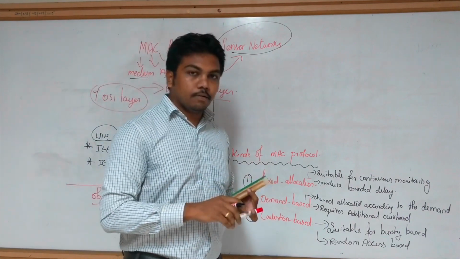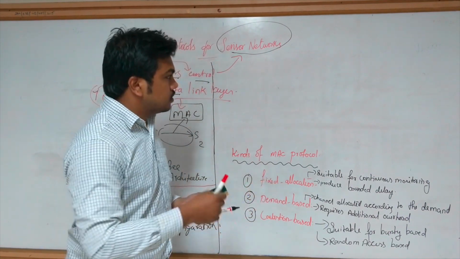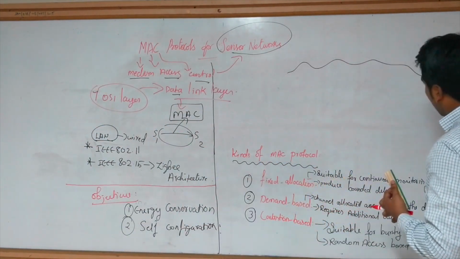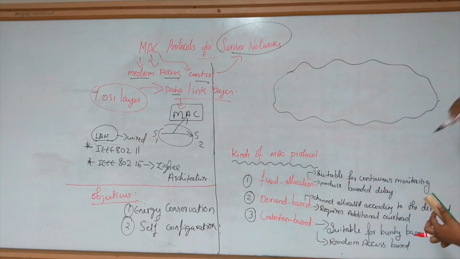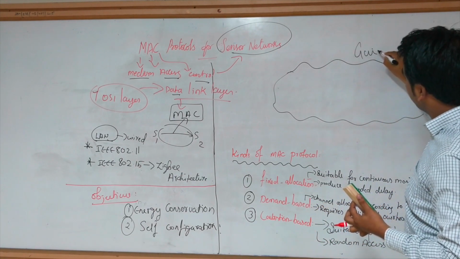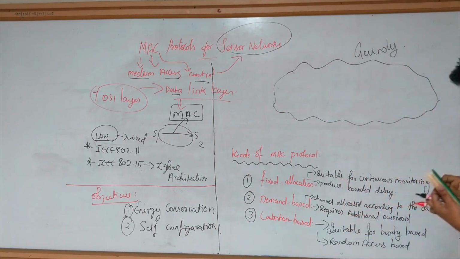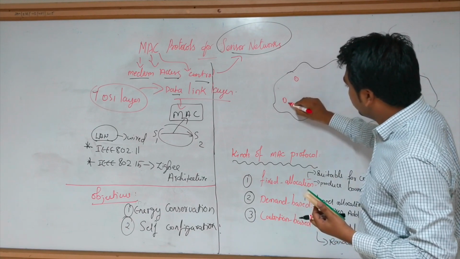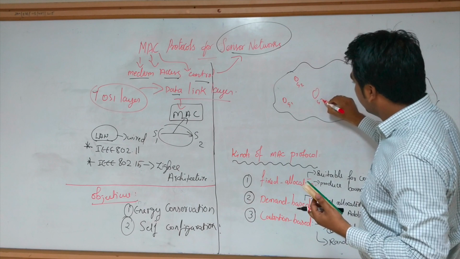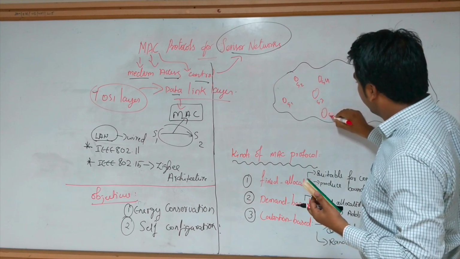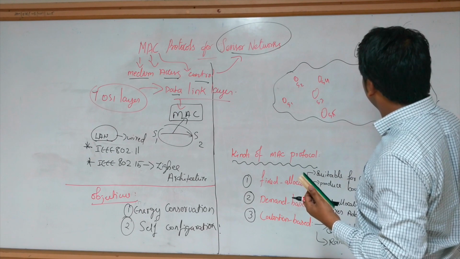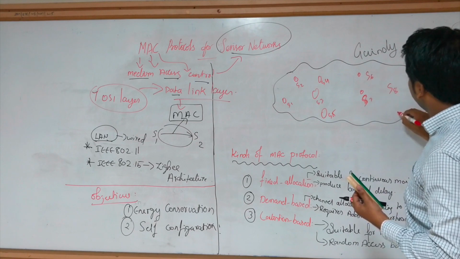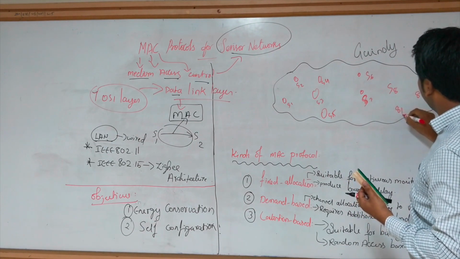To understand why they are called the two major objectives, we can see one small example. I am going to take a small location, and since I am from Chennai, I will take the locality to be Guindy, and here I am going to place some sensor nodes: S1, S2, S3, S4, S5, S6, S7, S8, S9, and X10.